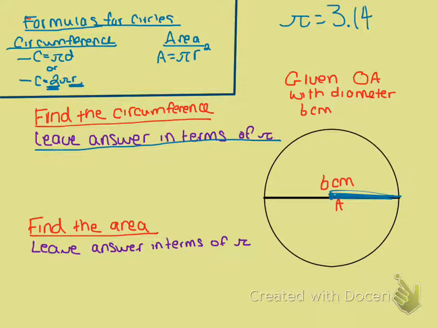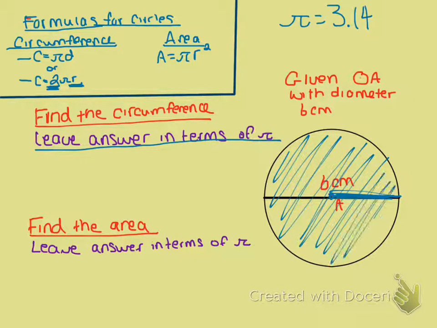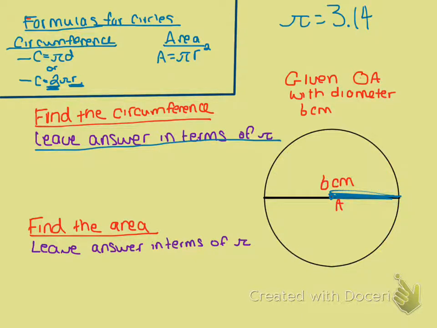Now remember, when we're finding area, we're finding what it would take to completely cover the circle. So we take pi and we multiply that times the radius squared. So first, let's go ahead and find the circumference of this circle. It says to leave your answer in terms of pi. That means that pi is going to be in your final answer. So we know that the formula is circumference equals pi times diameter.